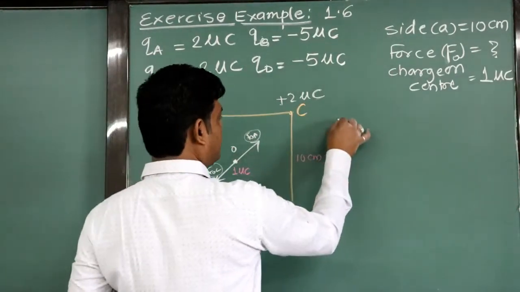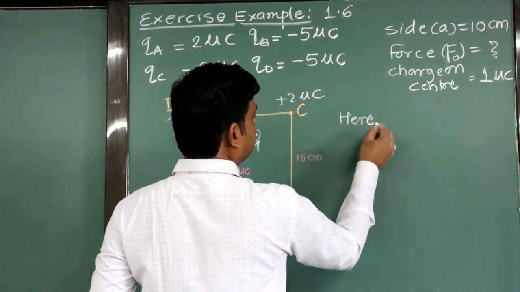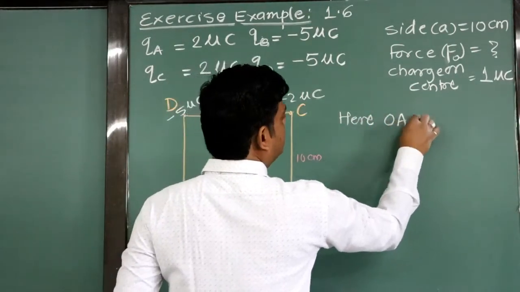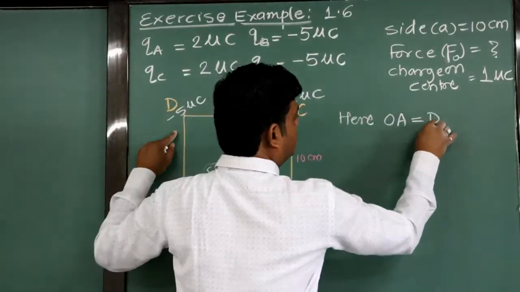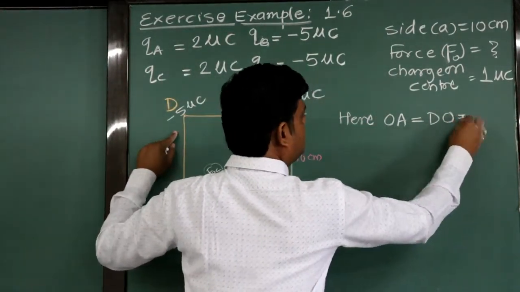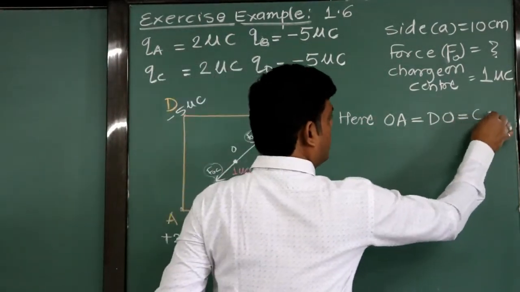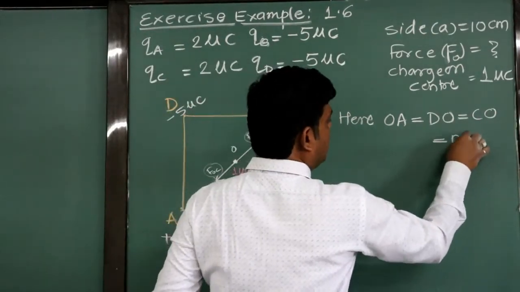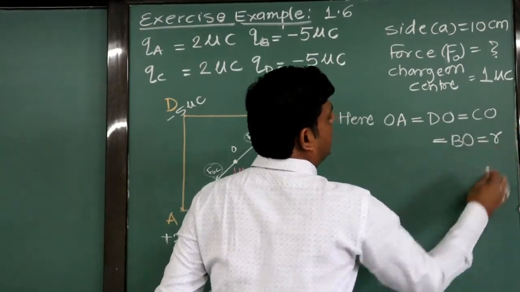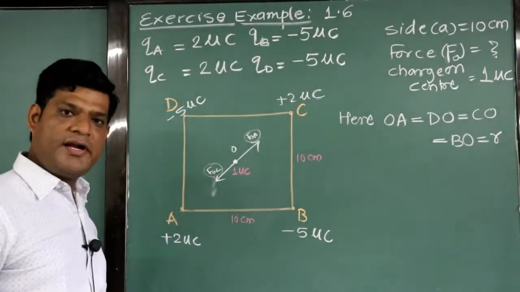First of all, here we will write OA equal to DO, which is also equal to CO, which is also equal to BO, and that is equal to R, correct?